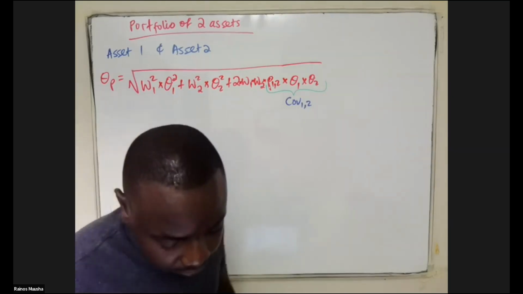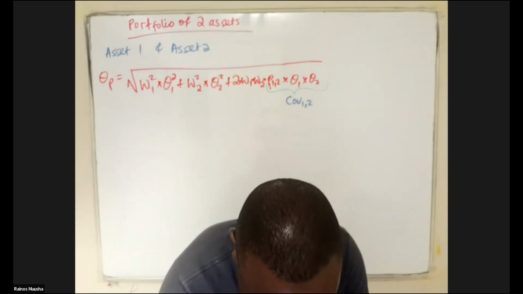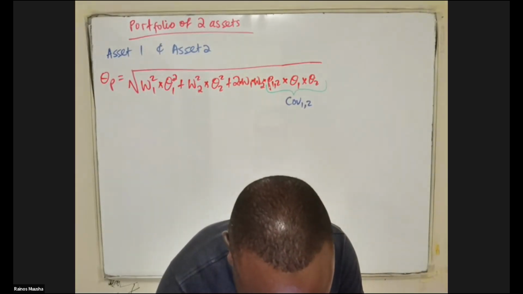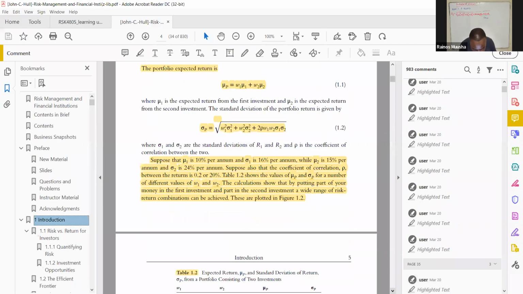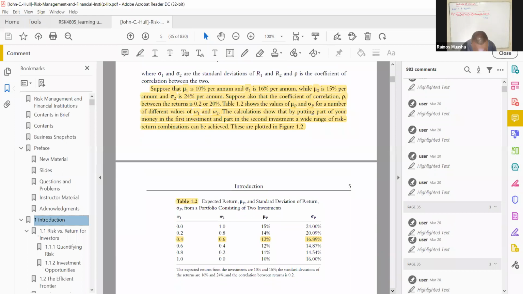So going to the example that they give us in the textbook, if you look at the information plotted in the textbook, they give us different combinations of weights and the resulting expected return and standard deviation.